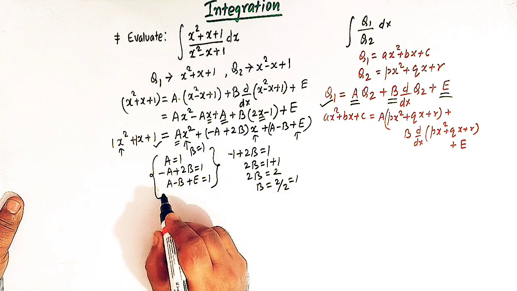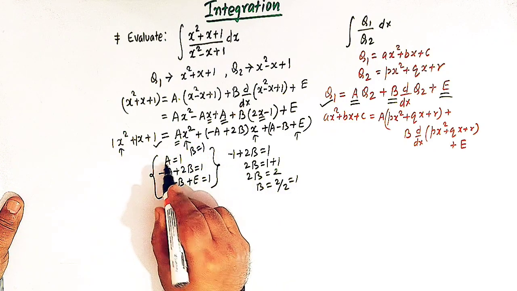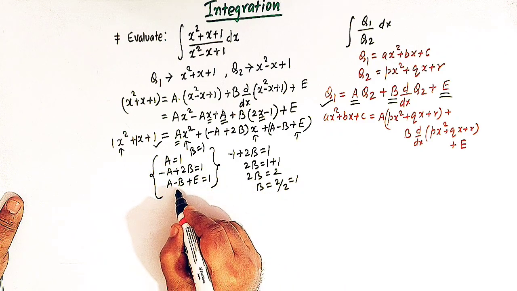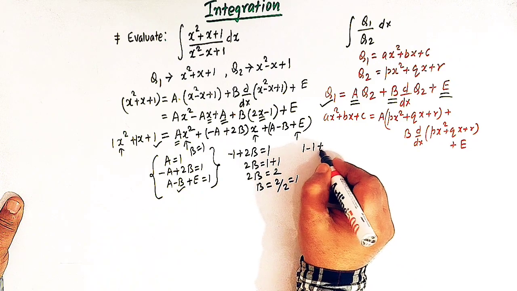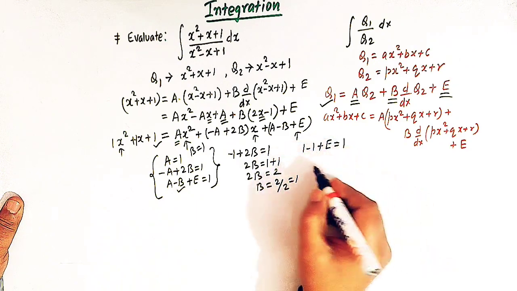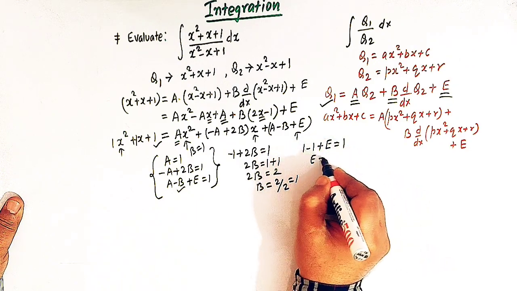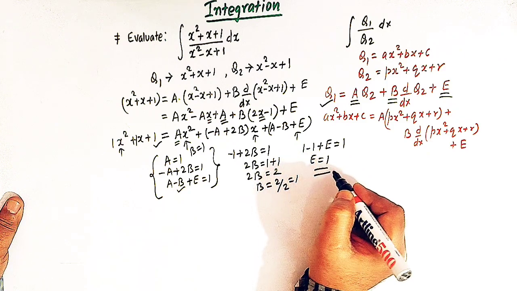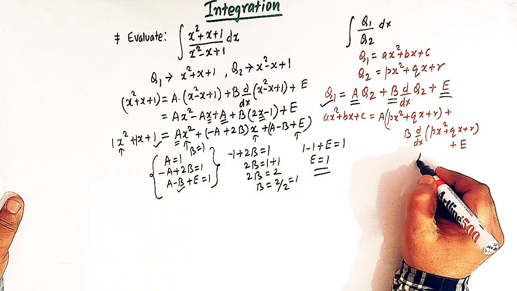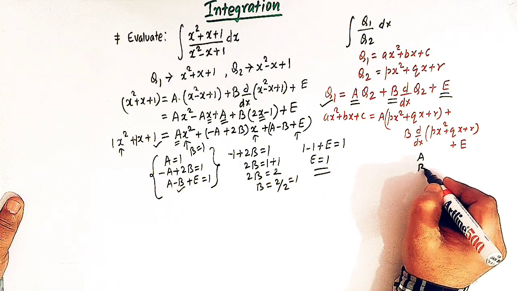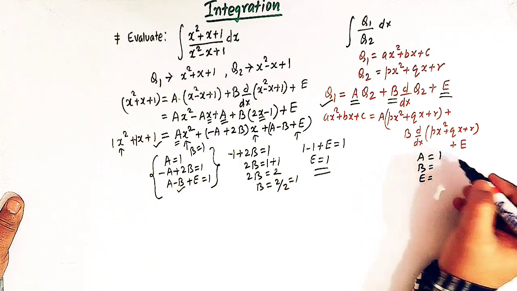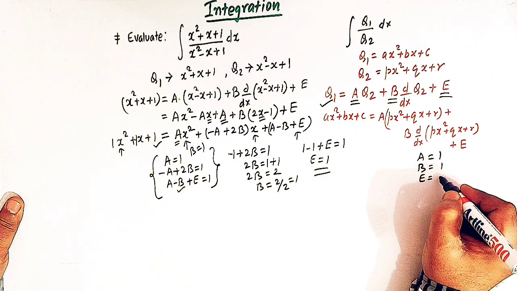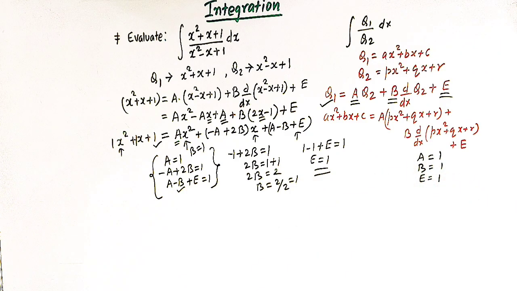And now taking the values of a and b, in the third equation we have 1, minus 1 plus e is equal to 1. So this is 0. So we have e is equal to 1, right? So we have obtained the values of a, b, and e as 1. Here we have 1 and here we have 1.